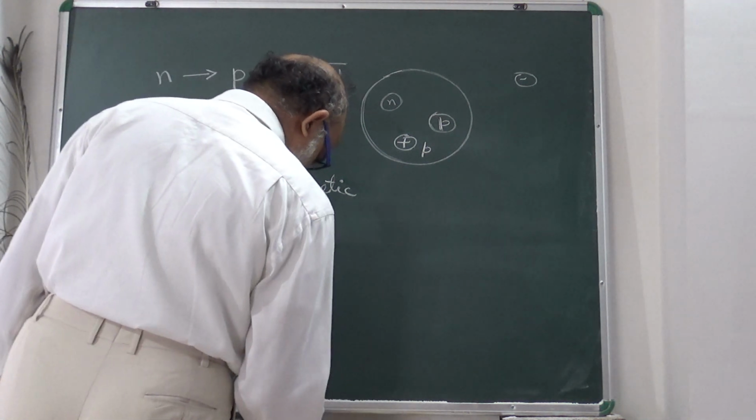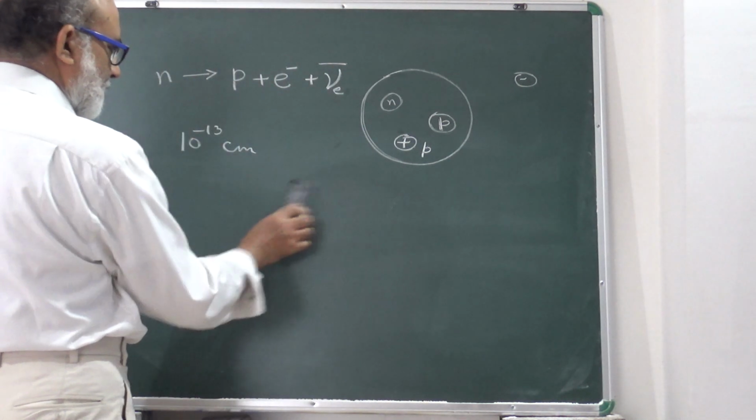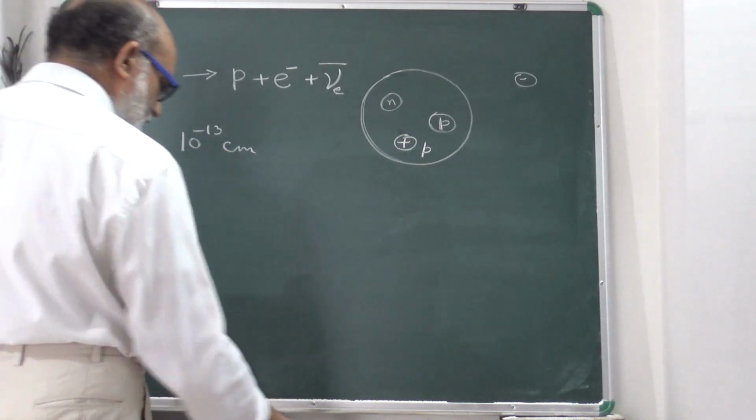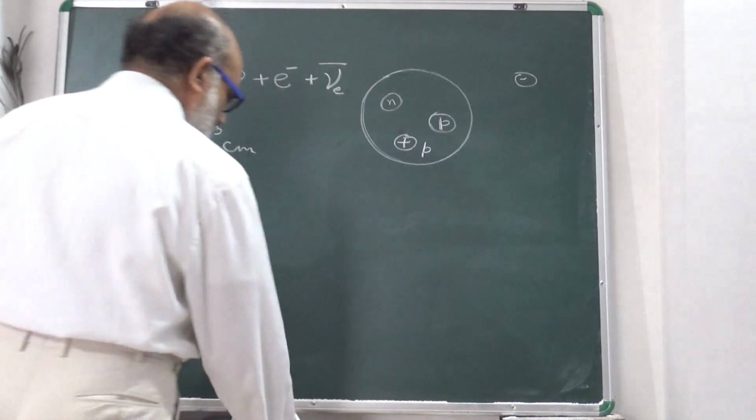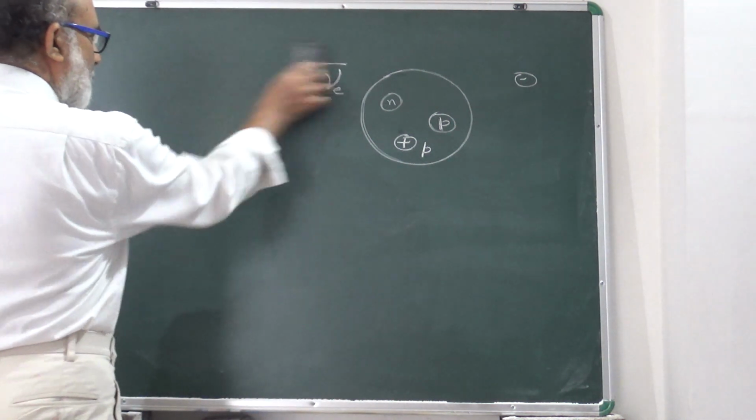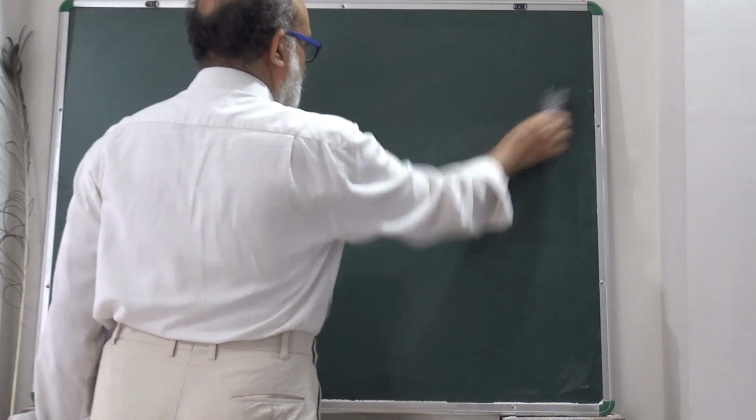But there are two forces inside the nucleus. One is the strong force, and there is another force which is called the weak nuclear force. So we have all four types of forces.